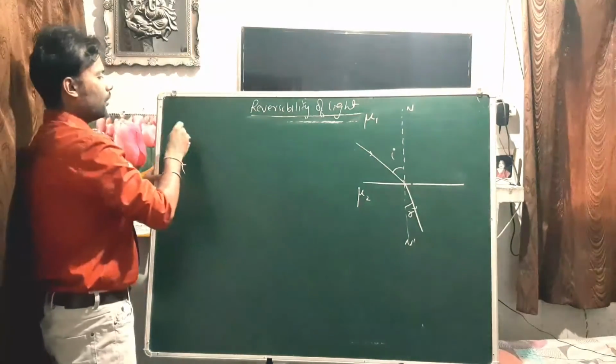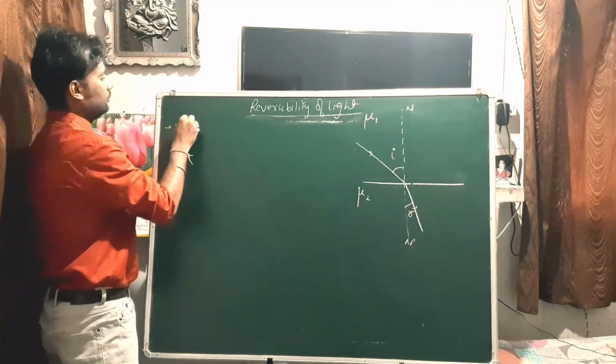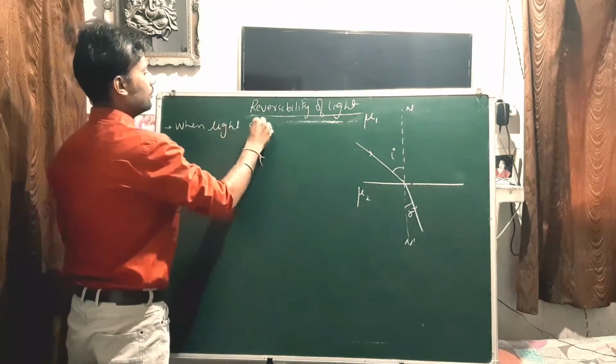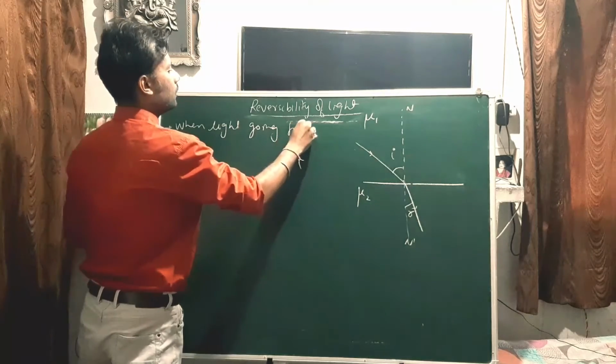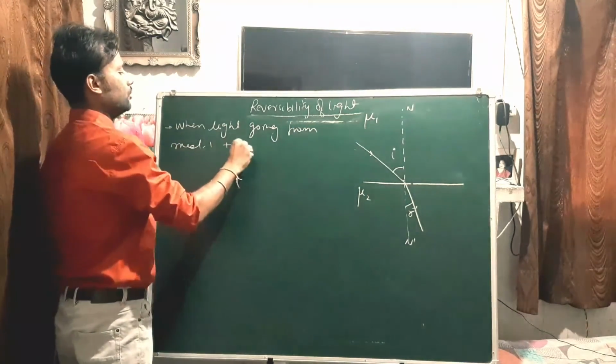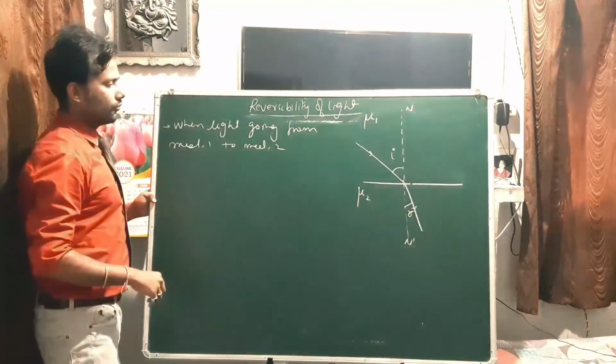Now when light is going from medium 1 to medium 2, how do we write?